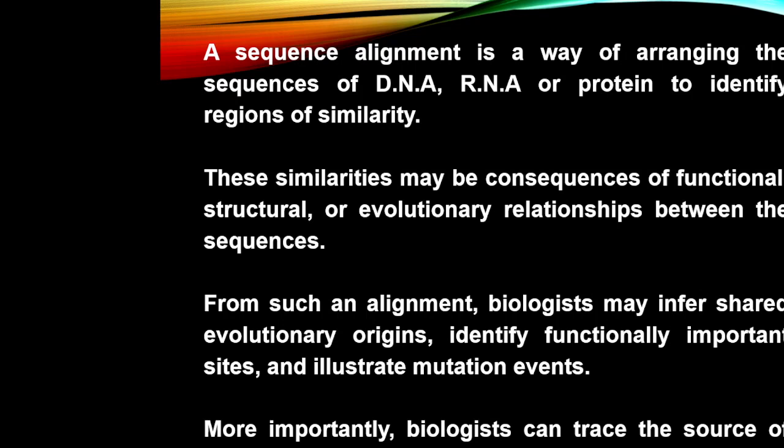Sequence alignment is a way of arranging the sequences of DNA or RNA to identify regions. The ultimate purpose of any sequence alignment is to find the regions of similarity. Yesterday you were doing 10 species and trying to find regions of similarity. What is the purpose? You want to show how similar these 10 different spider species are. That is your aim.